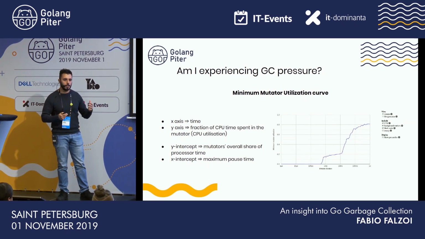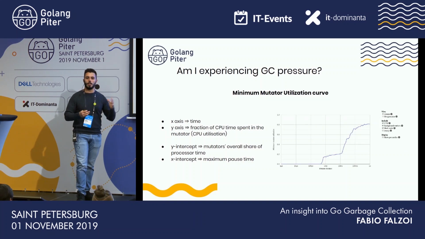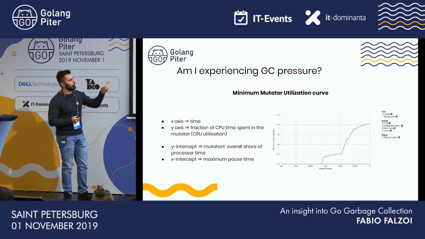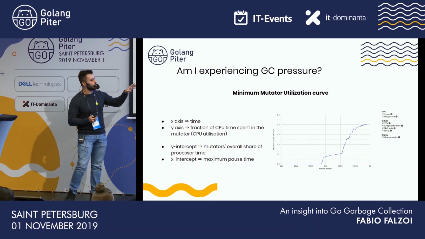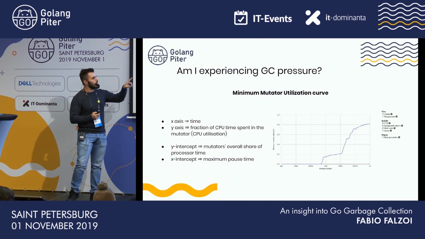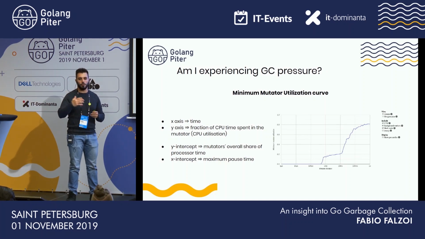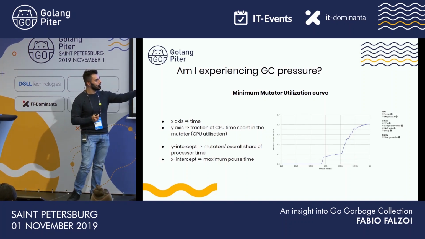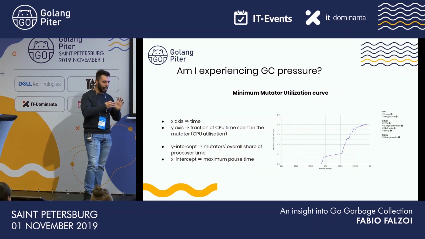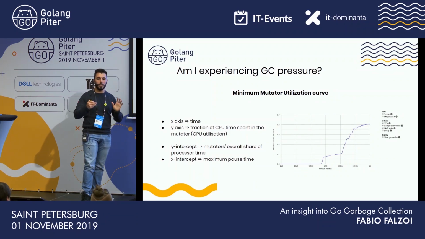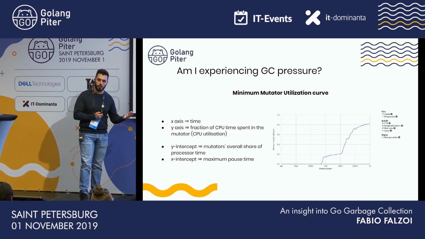And in that case, it is useful to try to improve the memory allocation rate of your application. Besides, this image is interesting because the y-intercept tells us immediately how much CPU utilization we spend for our program, and the x-intercept tells us the length of the maximum pause time inflicted on our application by the garbage collector.